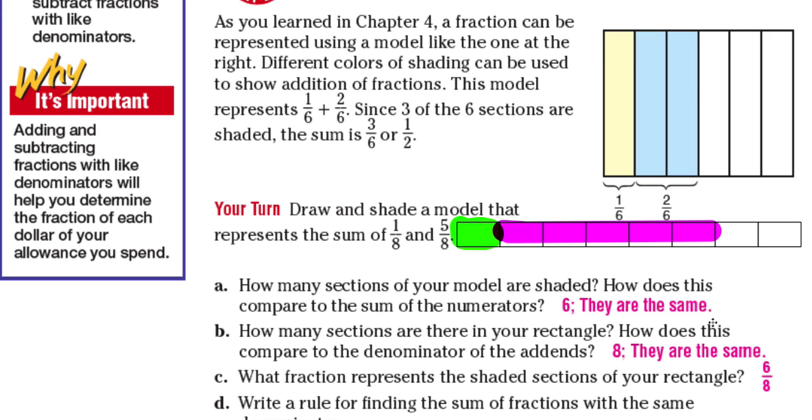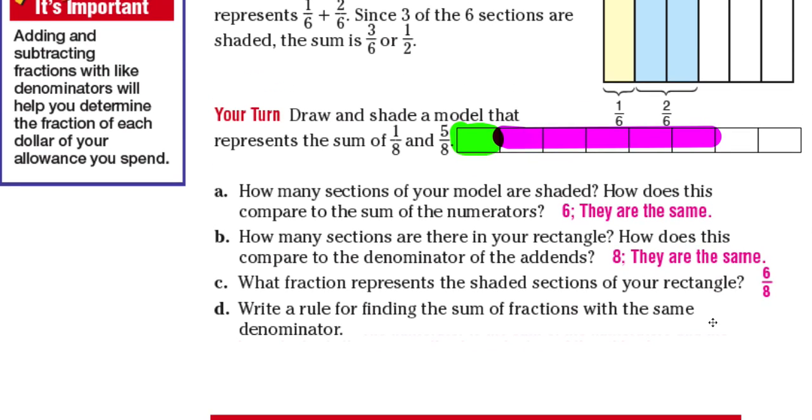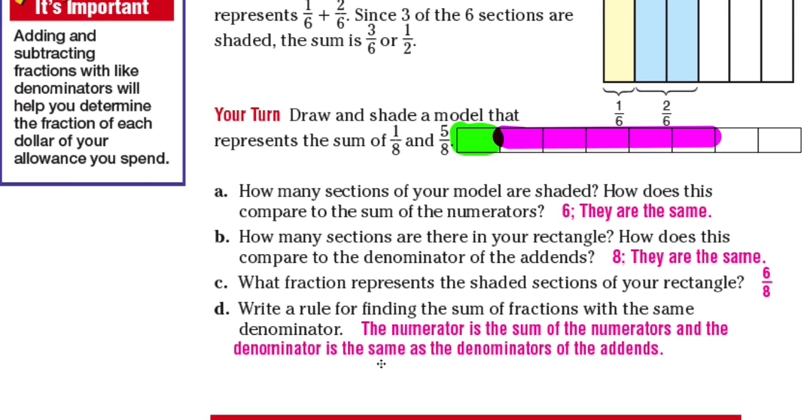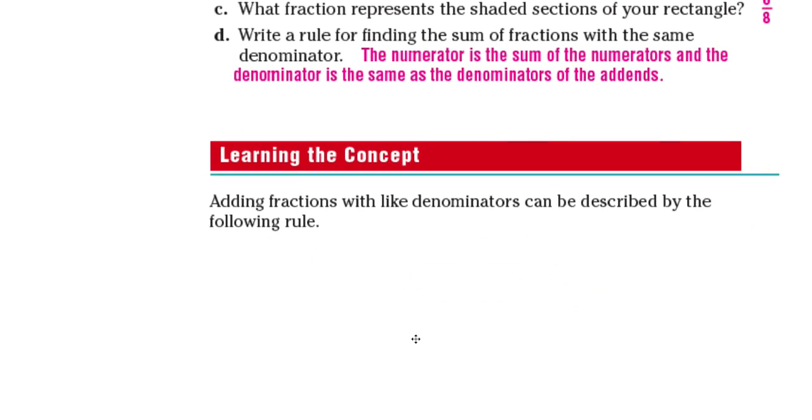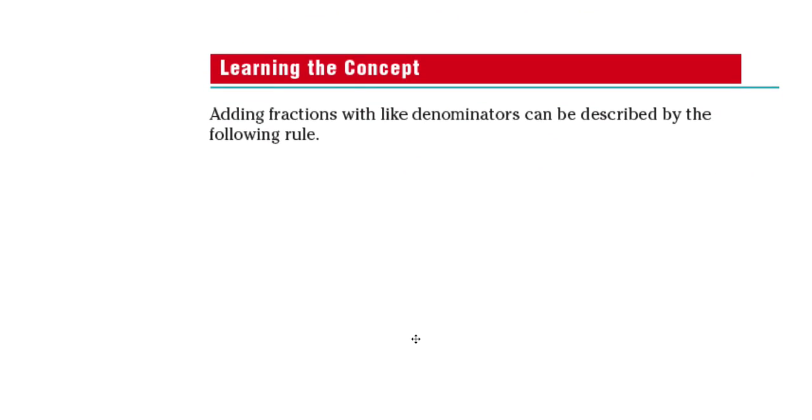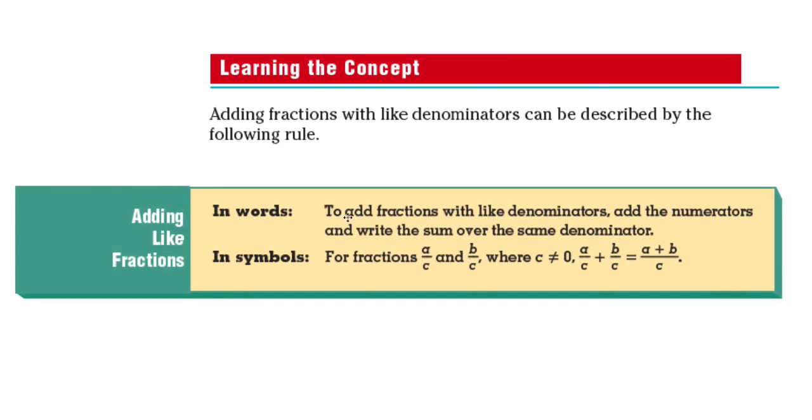Then if we come up with a rule for finding the sum of fractions of the same denominator, we simply say that the numerator is the sum of the numerators, and the denominator is the same as the denominators of the addends. So what does this tell us? When you're adding fractions with like denominators, they can be described by the following rule. To add fractions with like denominators, simply add the numerators and write the sum over the same denominator.